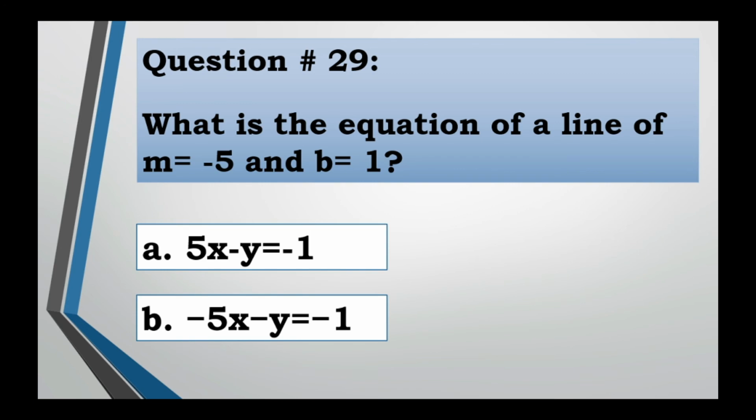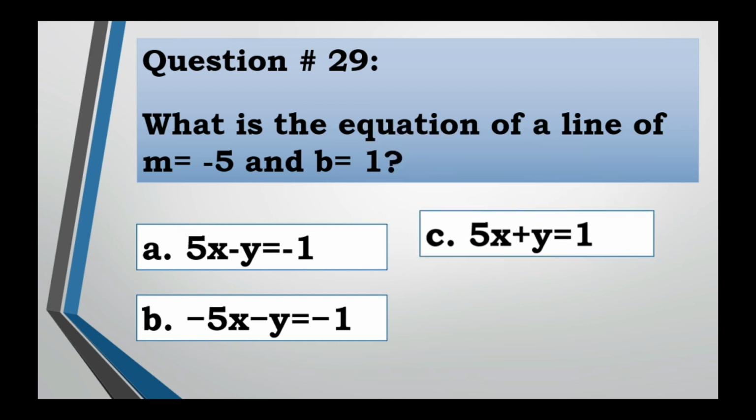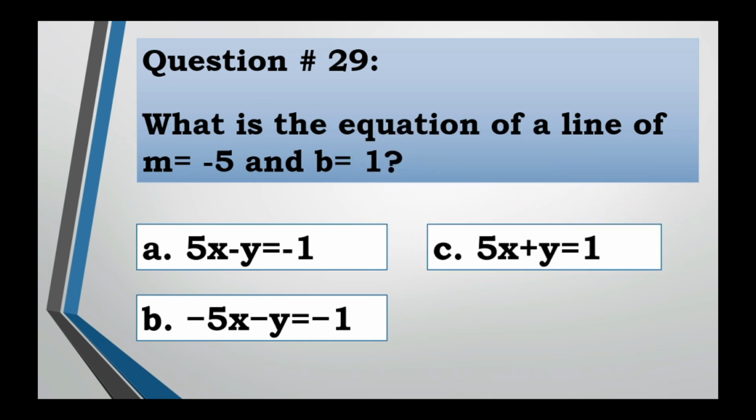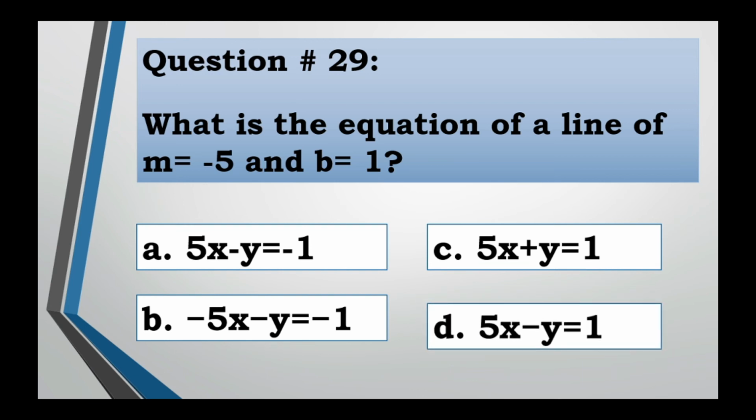Letter B, negative 5x minus y equals negative 1. Letter C, 5x plus y equals 1. Letter D, 5x minus y equals 1.